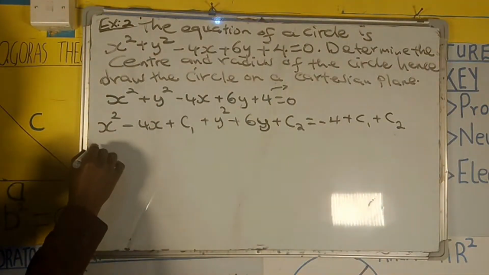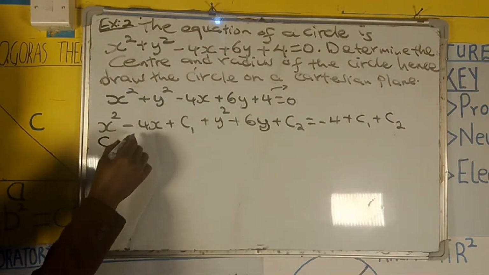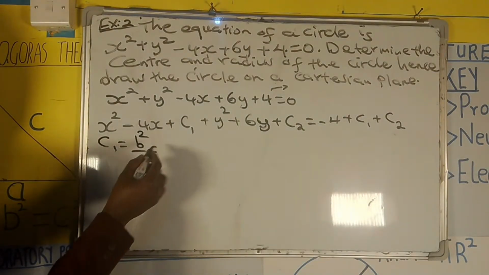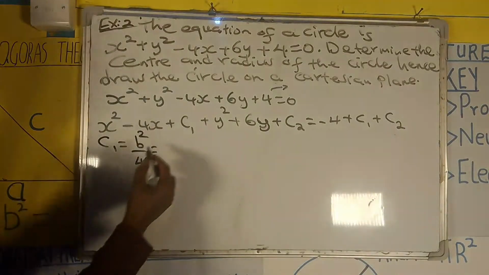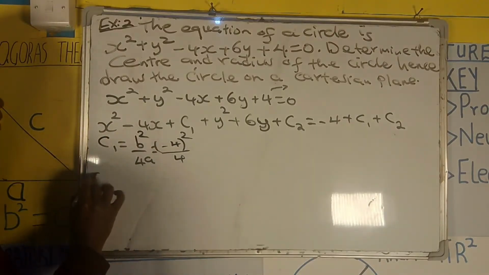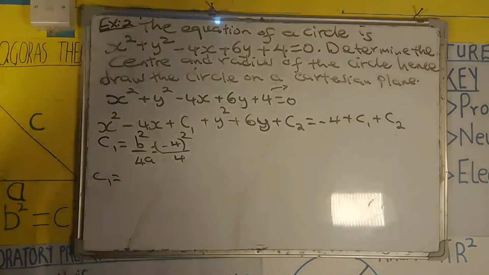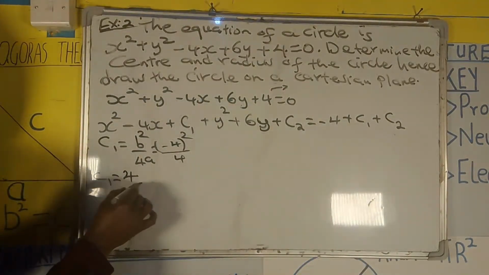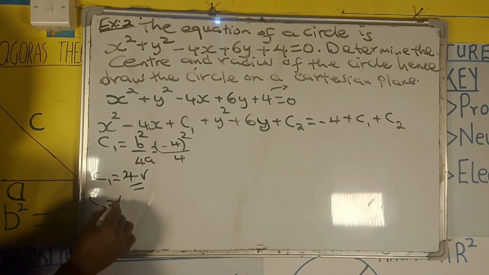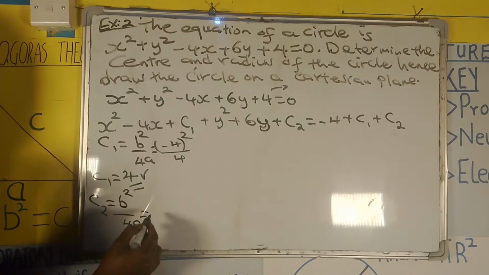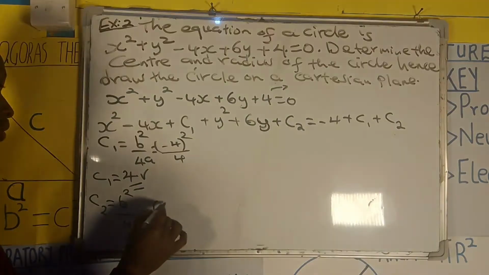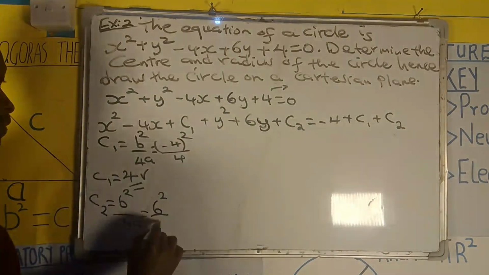So hapa C1 is equal to B squared over 4A. B squared is minus 4 squared over 4 times 1 is 4. So C1 is 16 divided by 4 is 4. Then C2 itakuwa bado ni B squared over 4A, which is 6 squared over 4 times 1 is 4.